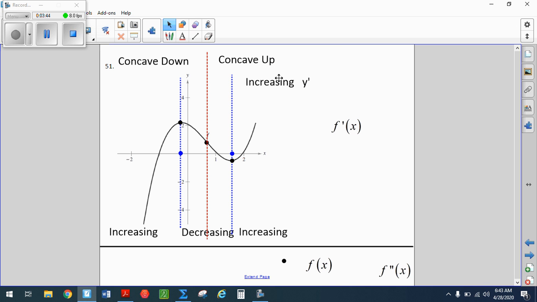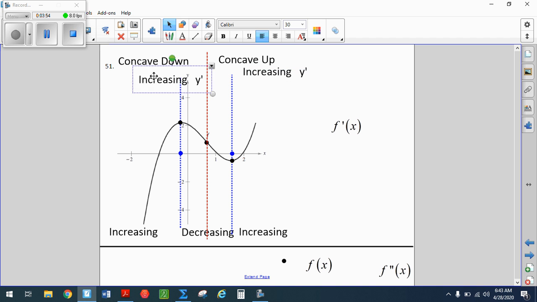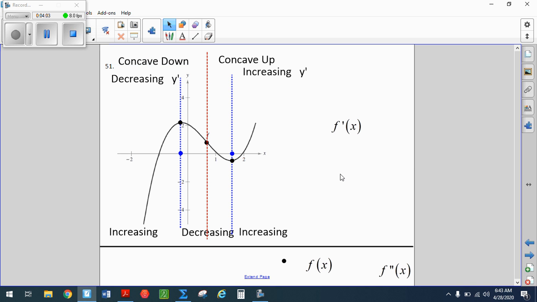Okay, so for my concave up, that means my derivative is increasing. For concave down, that means my derivative is decreasing. So again, that goes with the quadratic idea.